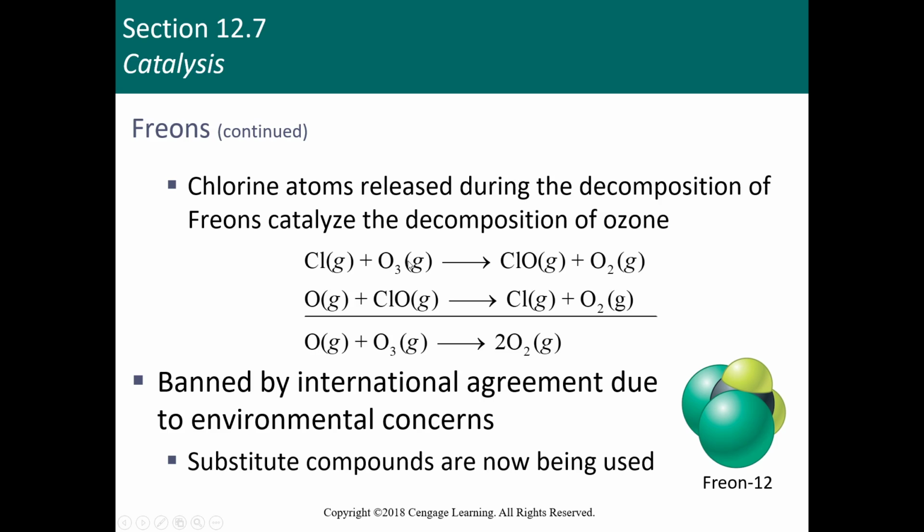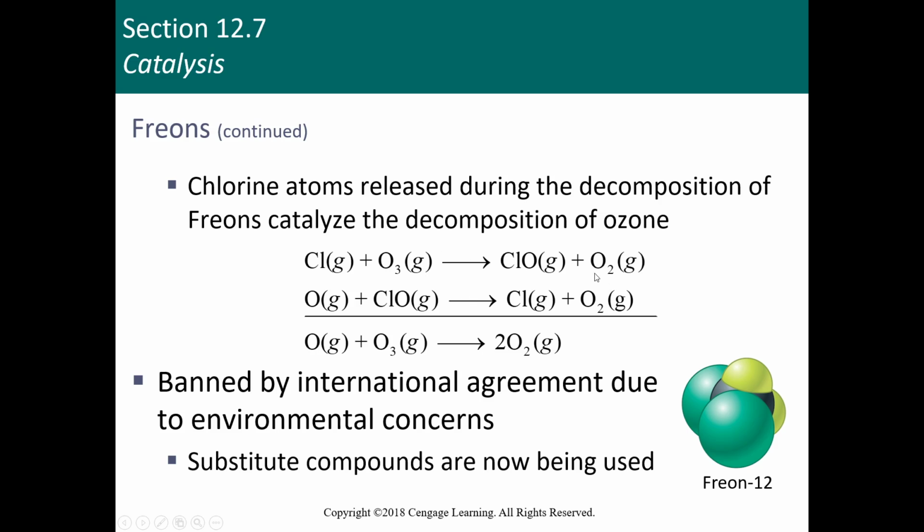Ozone is supposed to be used to absorb UV radiation. If you destroy and use up all your ozone in these reactions that are catalyzed, notice catalyzed means that it's not used up, that you have chlorine still there, it does not get used up. It just uses up your ozone and makes O2 out of it.